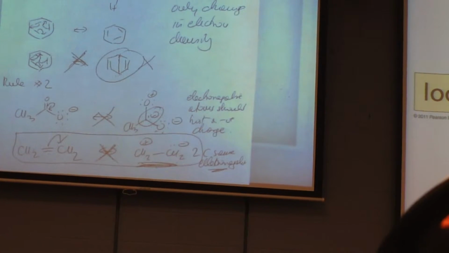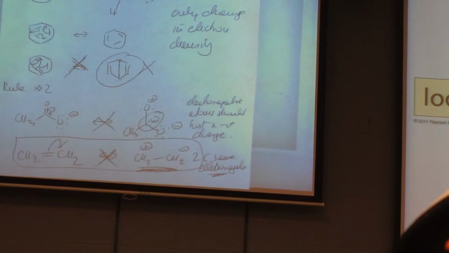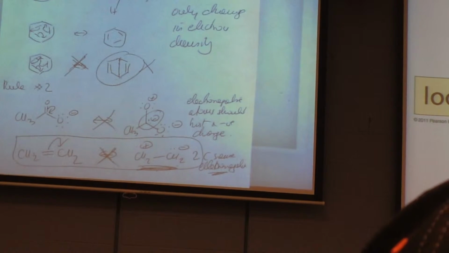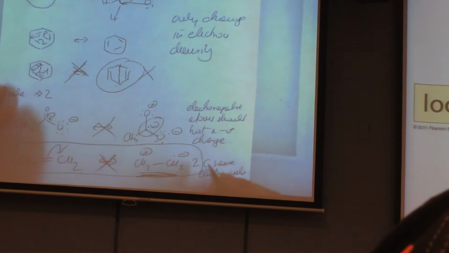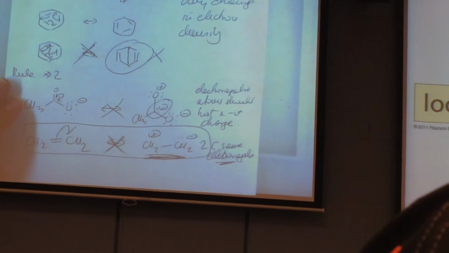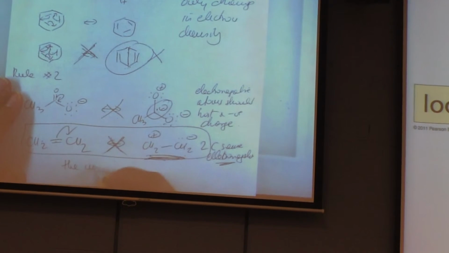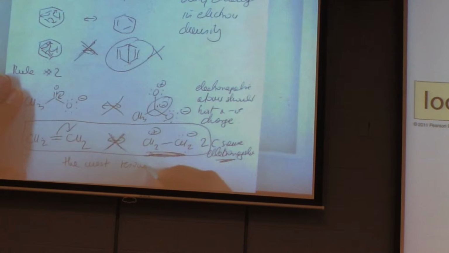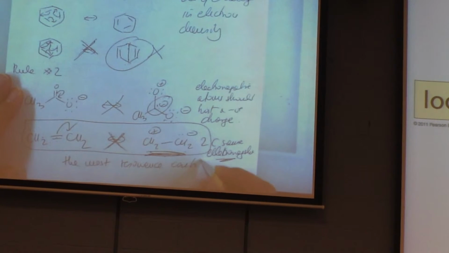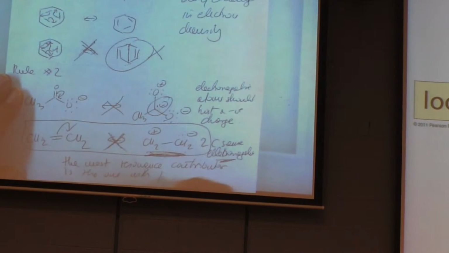So the other rule is then, what did I call it? I had a special name for this. And this is that rule. Okay, the rule was that the most stable between the two, for example, resonance contributor is the one with less charge.